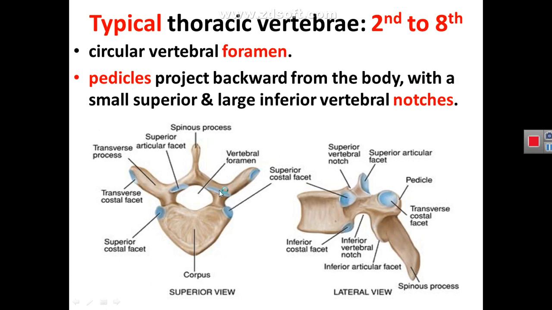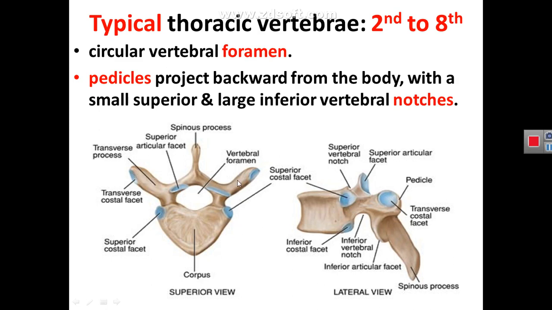The superior articular process and facet lie at the junction of the pedicle and lamina, and are directed backward and laterally, while the inferior articular facet and process lie in the lamina, and are directed medially and forward.